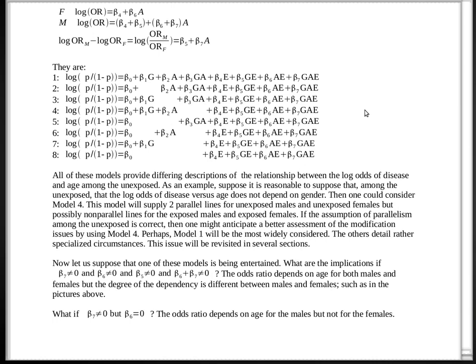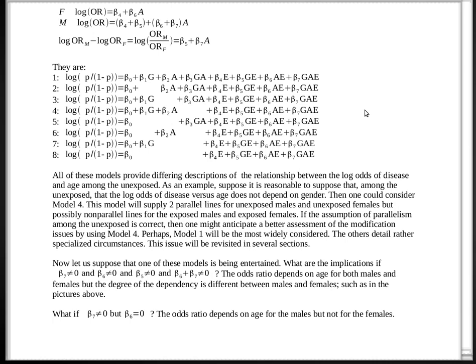But let's now go back to the circumstance of beta 7 being non-zero by means of, say, a statistical test and so on. And we then are faced with, how do we interpret?